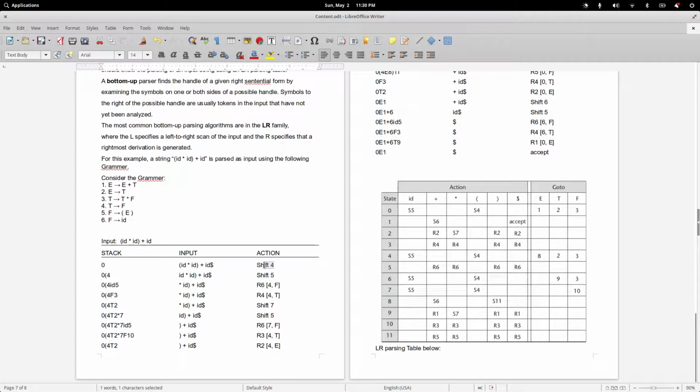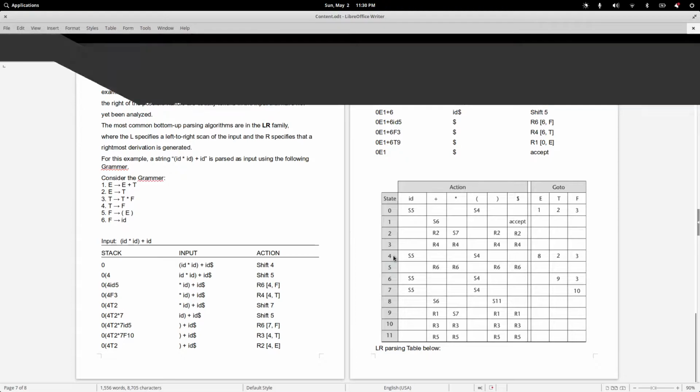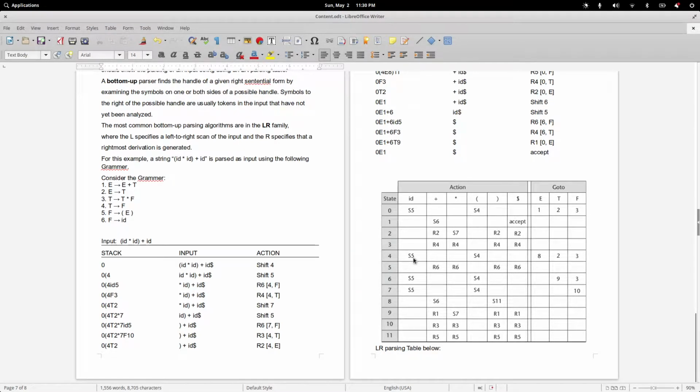So we shift our opening parenthesis, place our 4 there, and now we have 4 id. We look up on our table now and we see 4 id is shift 5. So we shift id again, place our 5 as a cap on id, and we continue.